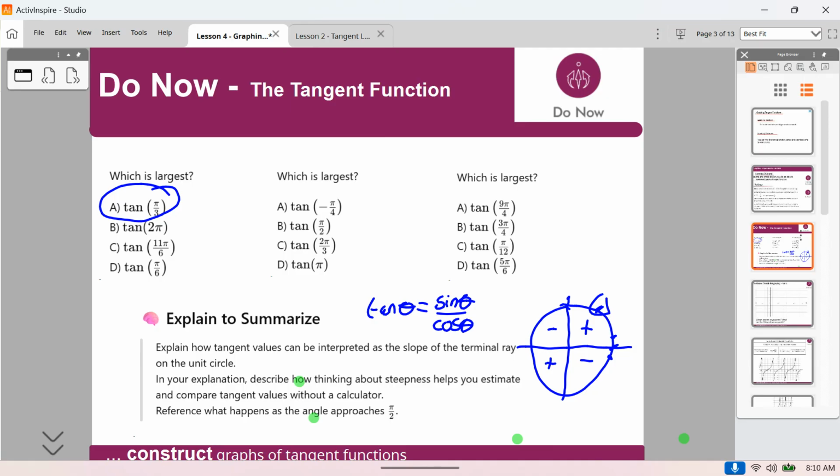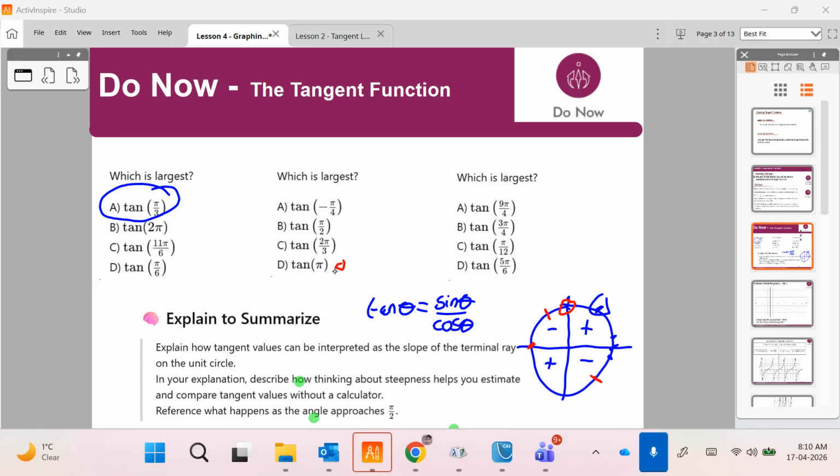Minus pi over 4, that's there. Pi over 2, that's here. 2 pi over 3, that's there, but it's negative. And pi, this is here. So this one is going to be 0.